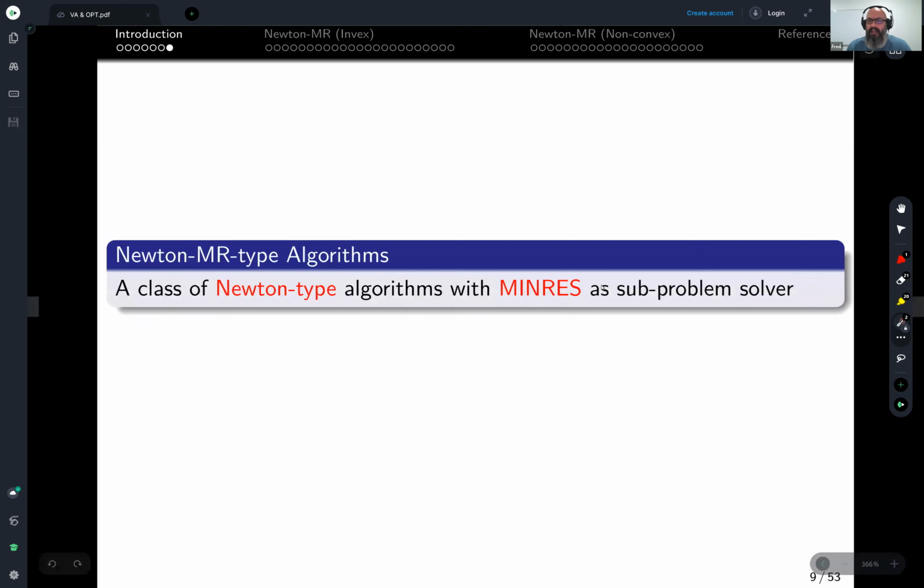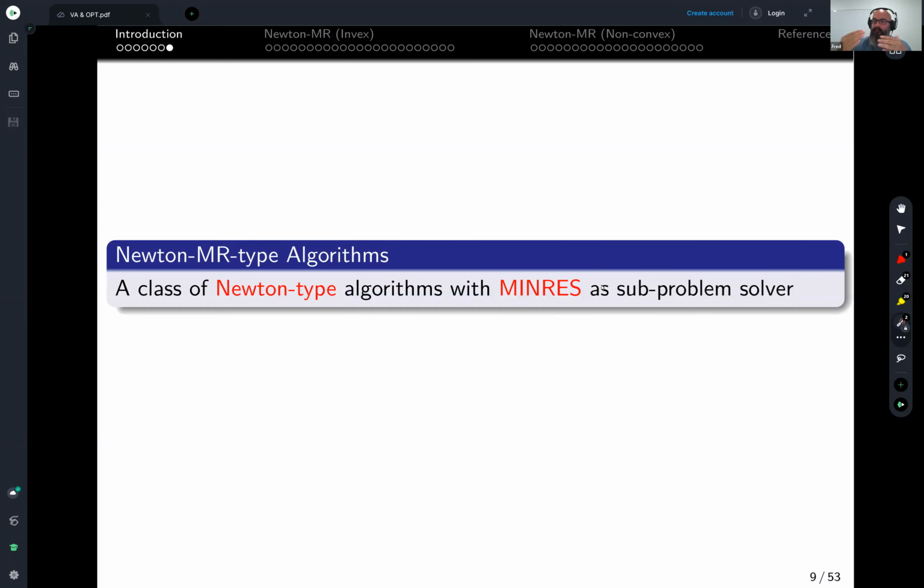Now, this class of algorithms, what we call Newton MR as opposed to Newton CG, is the class of algorithms that we are slowly but surely expanding on, generating various instances of them for various settings. They are Newton type algorithms where we replace CG as the classical subproblem solver with MINRES.